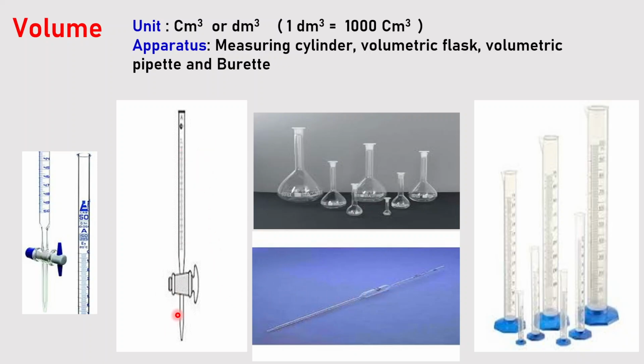There are various sizes of measuring cylinder available. Volumetric flasks also have varying sizes, from around 5 centimetre cubed to 1000 centimetre cubed. Volumetric pipettes have few sizes, most commonly 10 centimetre cubed and 25 centimetre cubed. And the burette is used to deliver up to 50 centimetre cubed of a liquid.